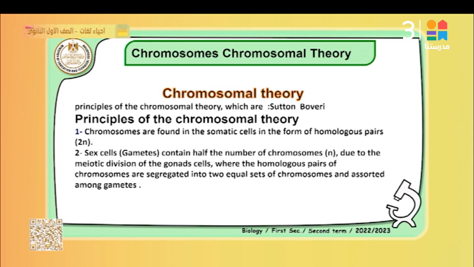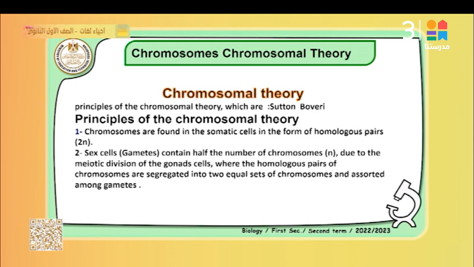Sex cells contain half the number of chromosomes. Each pair of chromosomes behaves independently in transmission to the gametes. In the next episode, we will study Mendel's first and second laws, independent assortment and the law of segregation.